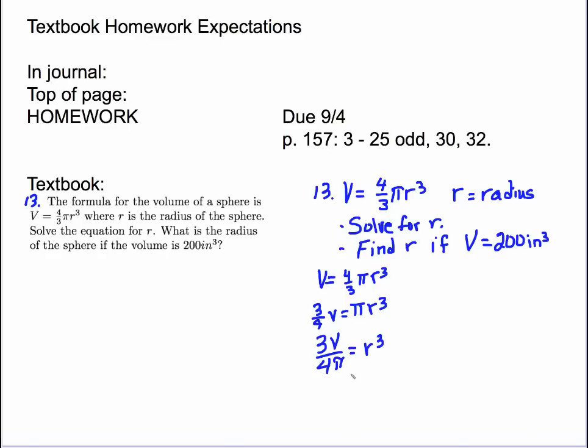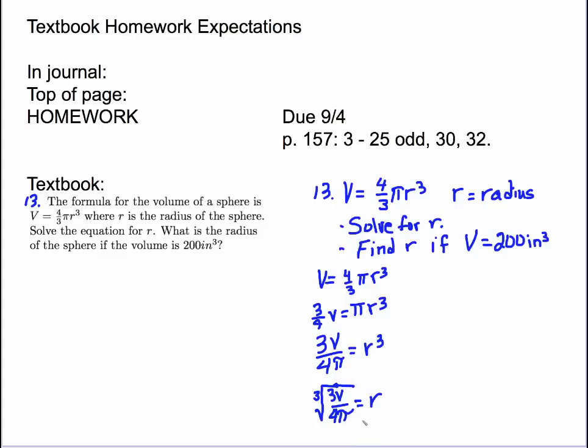And then finally, you can take the cube root of both sides, and then you would have the cube root of 3V over 4π = r. So this is the first part of the problem.